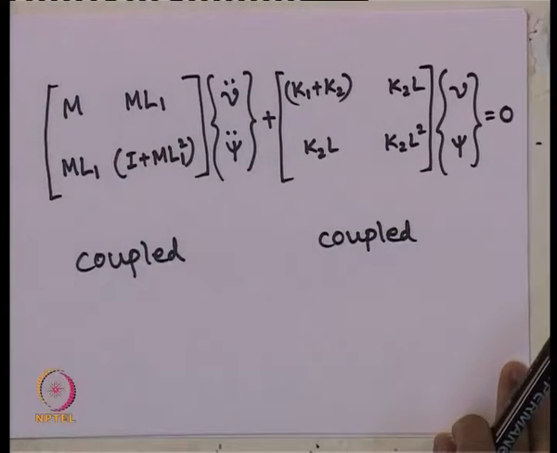So, what we can conclude from these three cases for the same problem is that the choice of a coordinate system is extremely important for solving any problem, or I should say, to define the equation of motion for any system, the selection of coordinate system is very, very important, because based on that selection, you can get your mass matrix, damper matrix, and stiffness matrix either coupled or uncoupled.